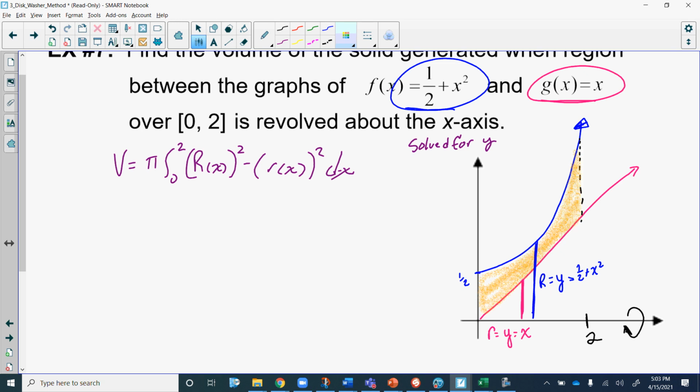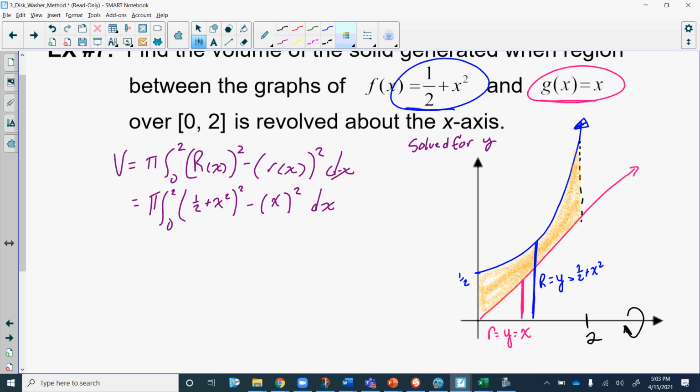And let's do our substitution. So the larger radius in this case is going to be 1/2 plus x squared, or x squared plus 1/2 if you prefer. Doesn't really make a difference. 0 to 2, so this is going to be 1/2 plus x squared squared minus, and this one is just x squared dx.